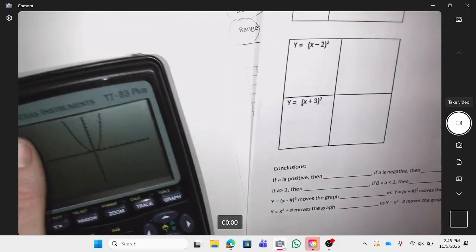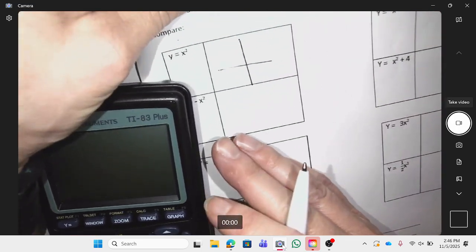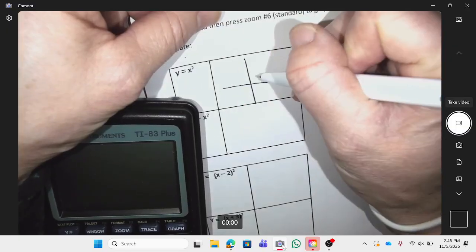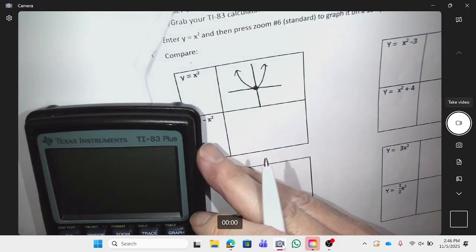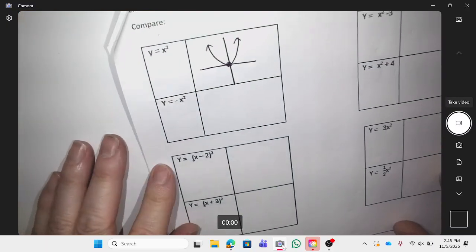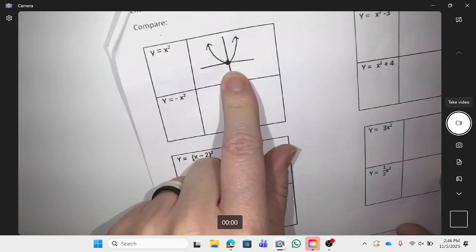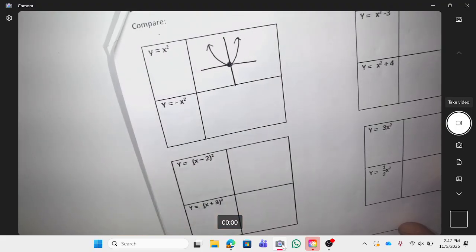Okay, so here's what we're going to do. We're going to draw what we see. So on my graph, okay, this is what I see. It was right smack dab in the middle on the origin, right? And then up like that.